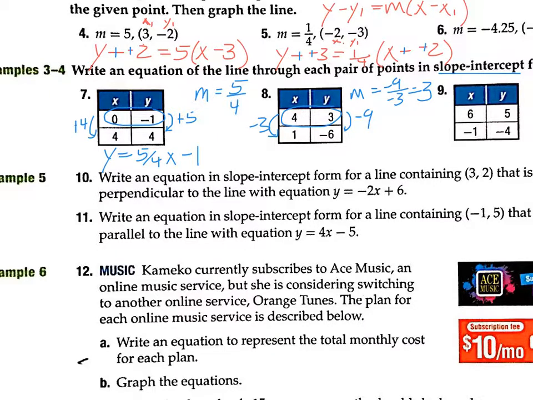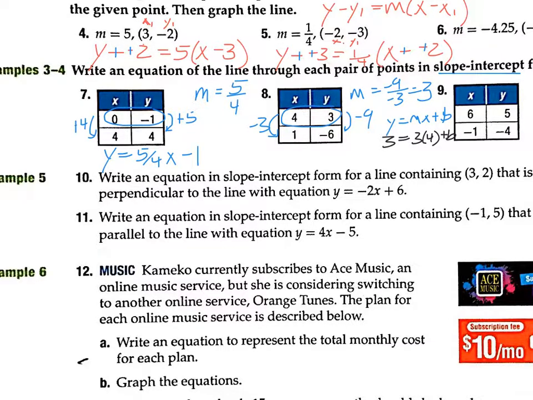I'm going to start with slope-intercept form, y equals mx plus b, and plug in what I know. I know a y, which is 3 for the point I'm using right here, and an x of 4. So y equals m, which is 3, times my x, which is 4, plus b.